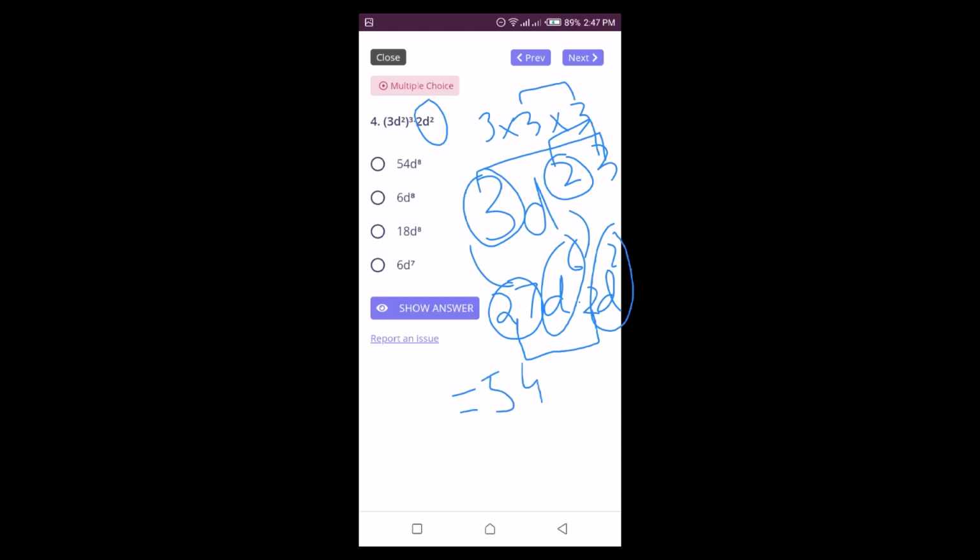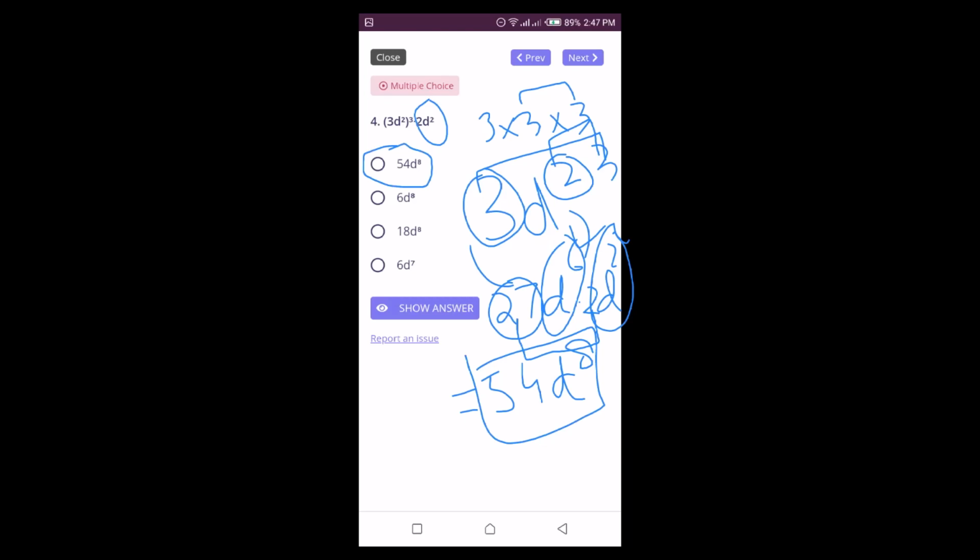And then we go just like the product rule, which means we have to add the exponents, 6 and 2. So 6 plus 2 would be 8. So 54d raised to the power 8. Can you see this answer in any option? Exactly, so the first option is your right answer.